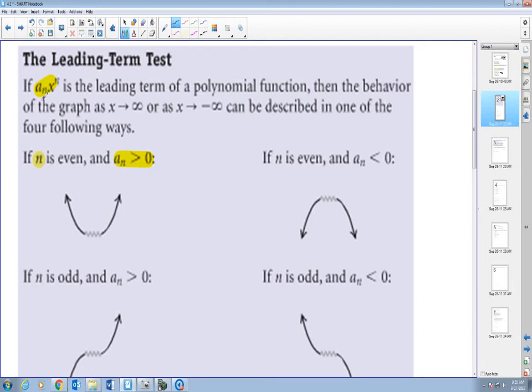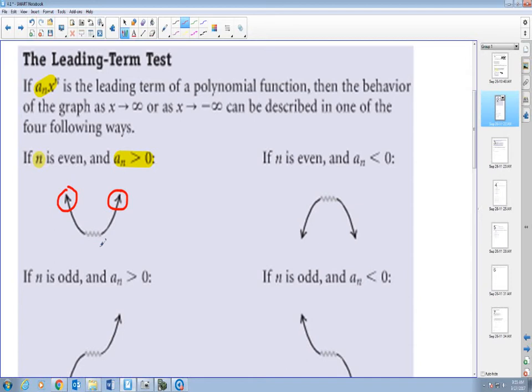So if the exponent is even on the leading term and the leading coefficient is positive, it guarantees that as my graph goes to infinity, my y values keep going up, up, up. Same thing on the other side. As x keeps going to the left, the y value is increasing. It keeps going up, up, up.